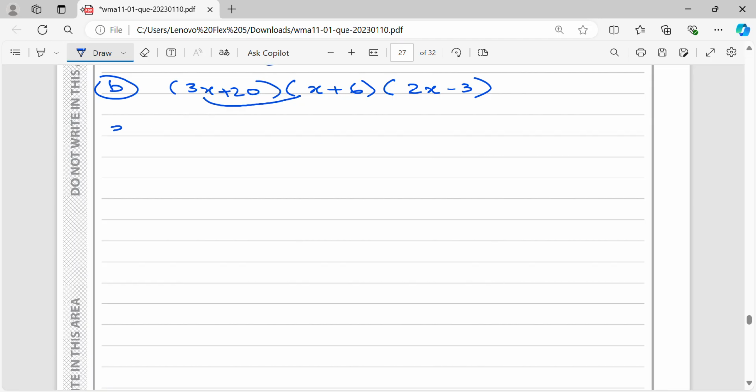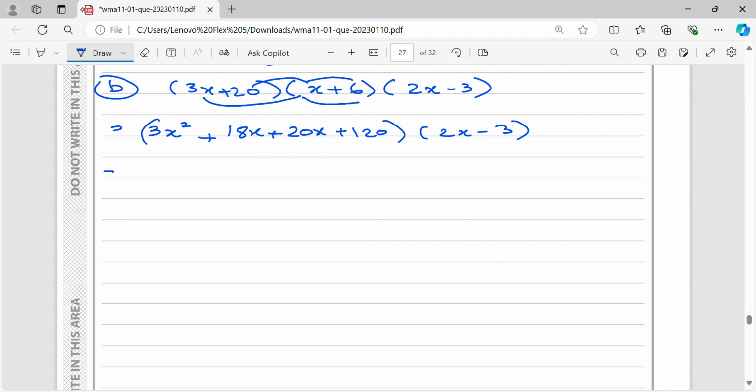So (3x plus 20) times (x plus 6) is 3x times x is 3x squared, plus 3x times 6 is 18x, plus 20x, plus 20 times 6 is 120. Right.